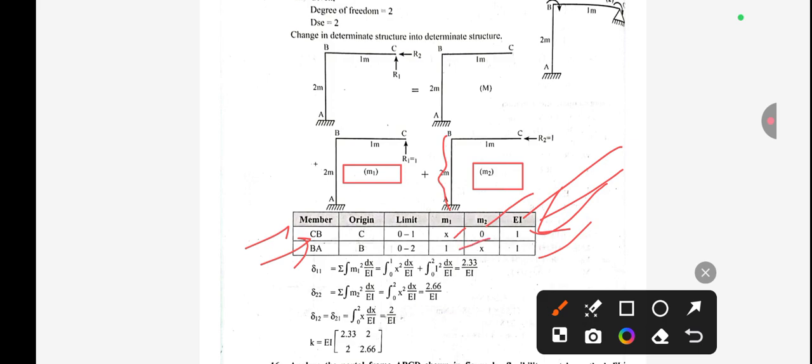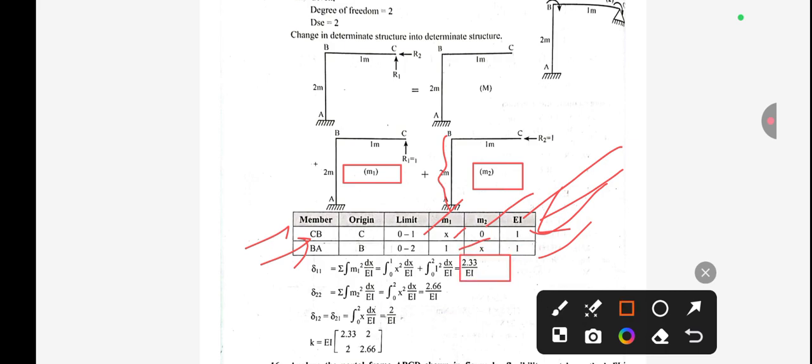So we take x square with limit 0 to 1, and for the 1 square dx we take the limit 0 to 2. After calculating, we get 2.33 by EI. So this is delta 11.